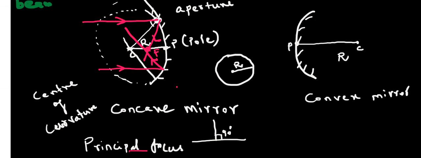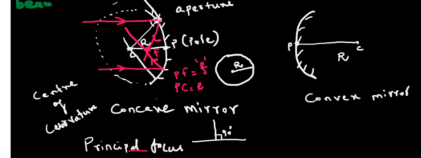So you know very well PC is nothing but the radius of curvature, and PF. The principal focus is a point, but the distance between the principal focus and the pole is nothing but the focal length of the mirror. So whether it is concave or convex, PF is going to be the focal length of the spherical mirror. Okay.